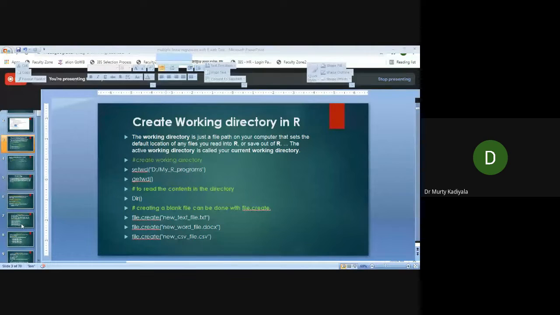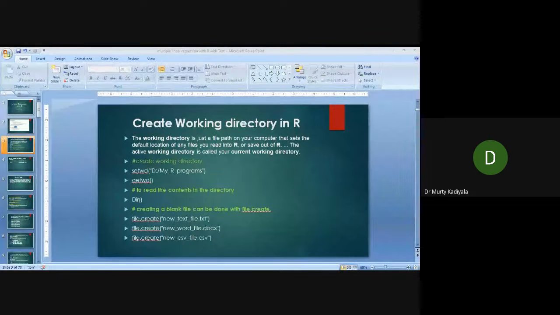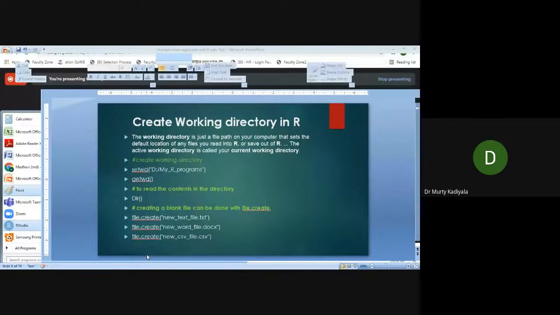Can you do that? Sir, it is showing cannot change working directory. It's coming. Just a minute. Okay, you do one thing. You execute this command, getwd. Okay, sir, just a minute.